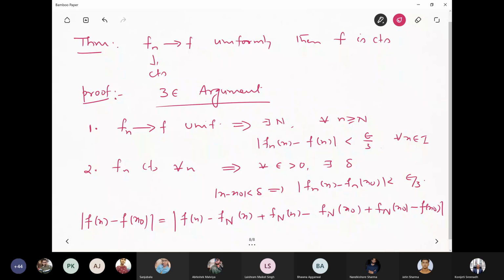Adding and subtracting these terms. So if I take this to be less than or equal to, then I write the things here.